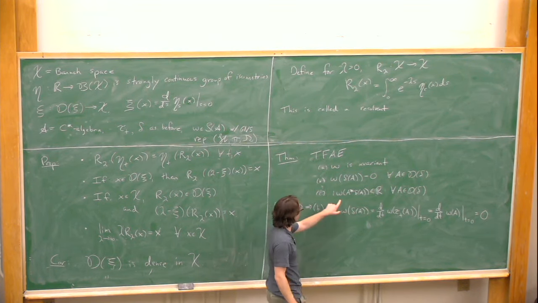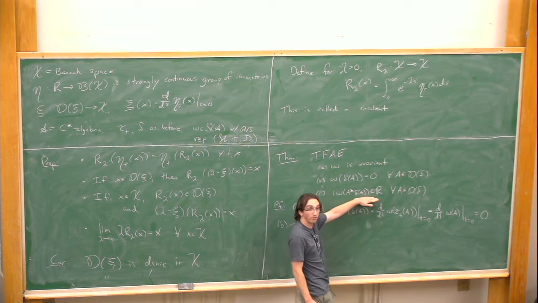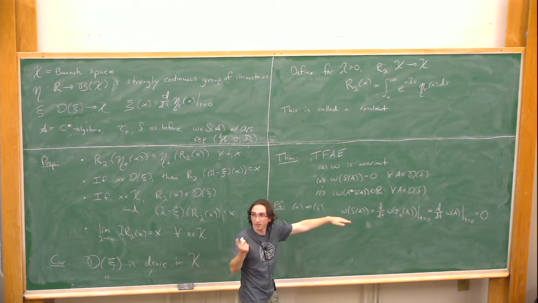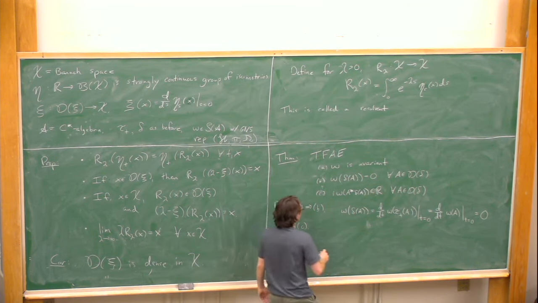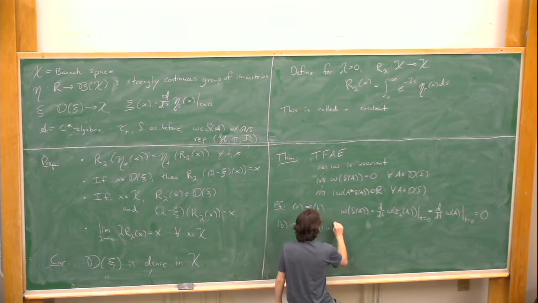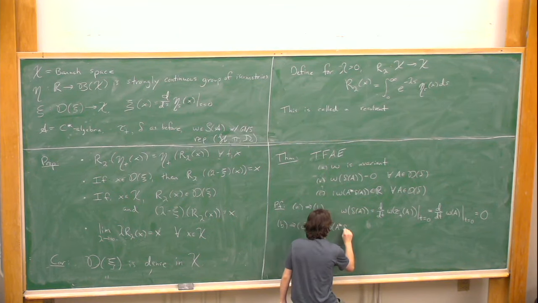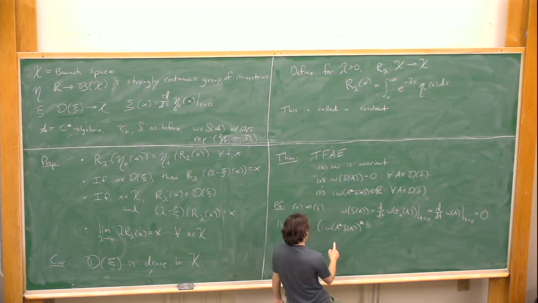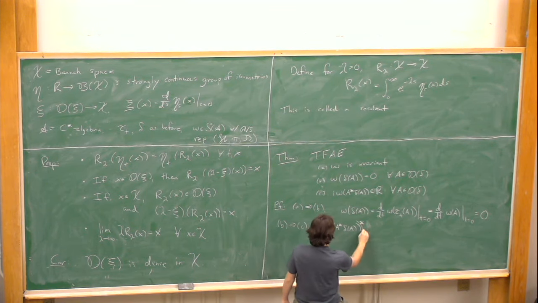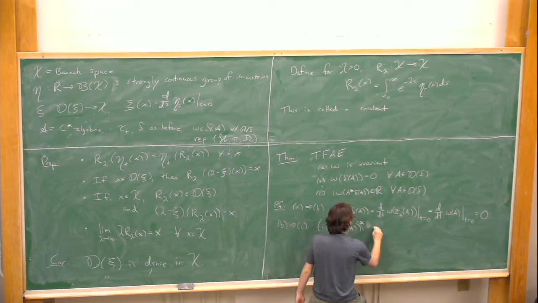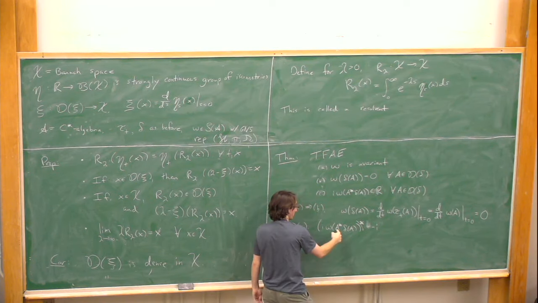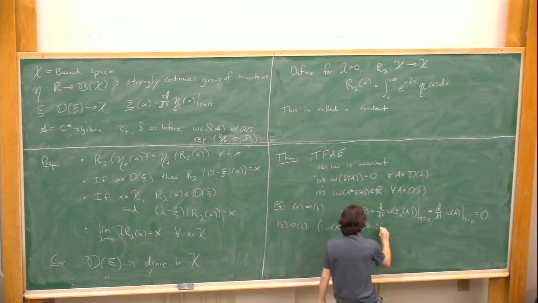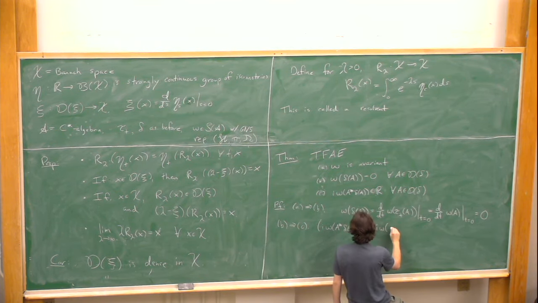OK, so we want to show that this quantity now is in the real numbers. So let's take its complex conjugate and show that we get the same thing. The complex conjugate reverses the I. Complex conjugates can be pulled inside of states. So I'm going to get a star operation on the thing inside.